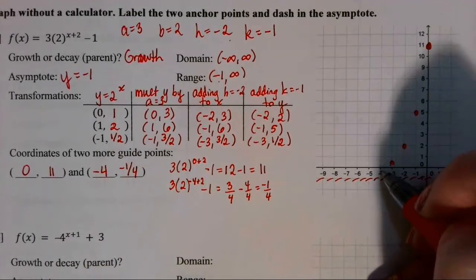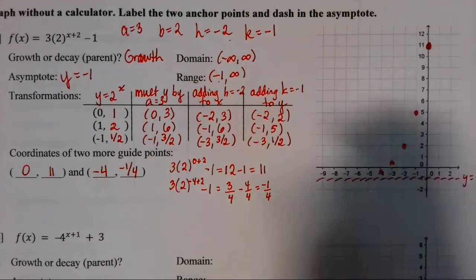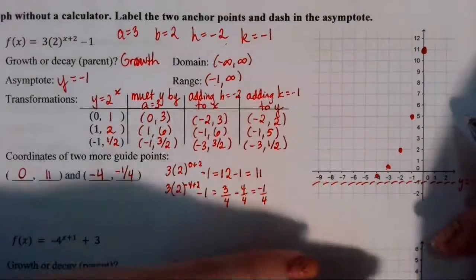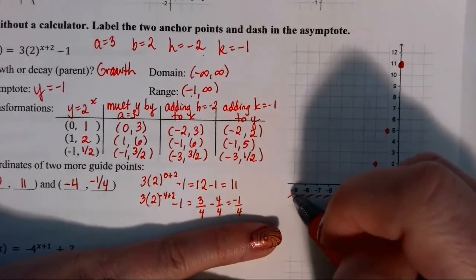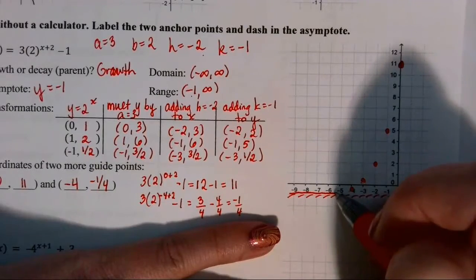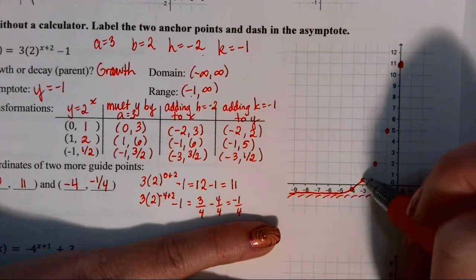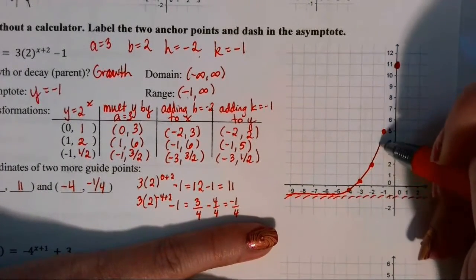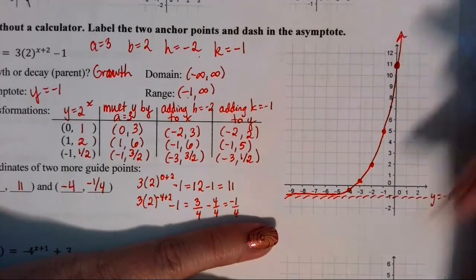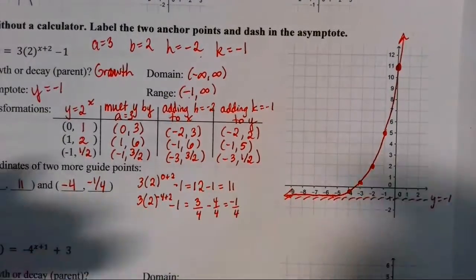So at -4, we're right underneath the x-axis at -1/4. And then that gives me enough information to come along this horizontal asymptote, and then we're going to bend through those guide points and then the y-intercept and up to positive infinity.